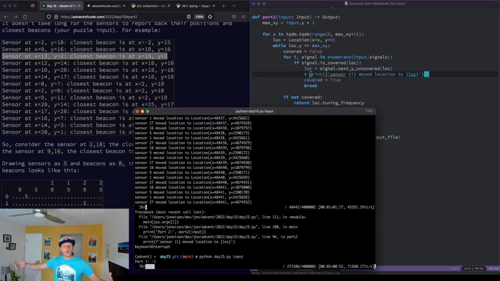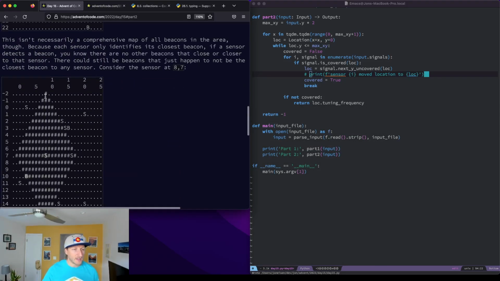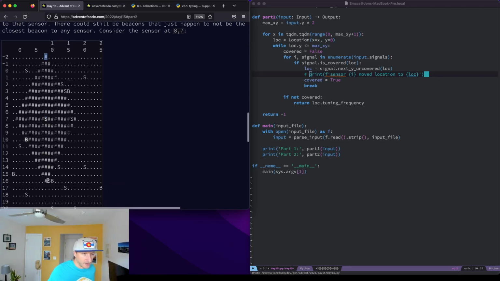Okay, so hopefully we get an answer this time. Basically what happened was I was calculating that this is -9 to here, but if you were here, it thought you were here because it inverted this Y coordinate.